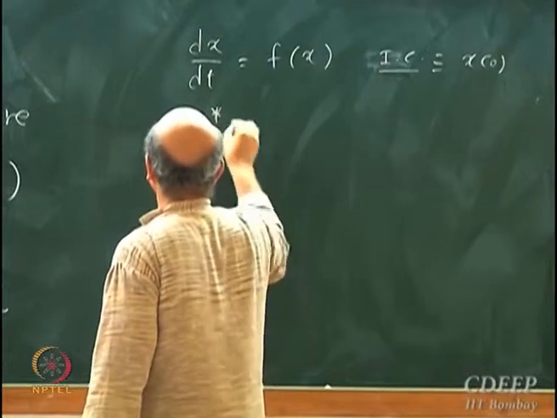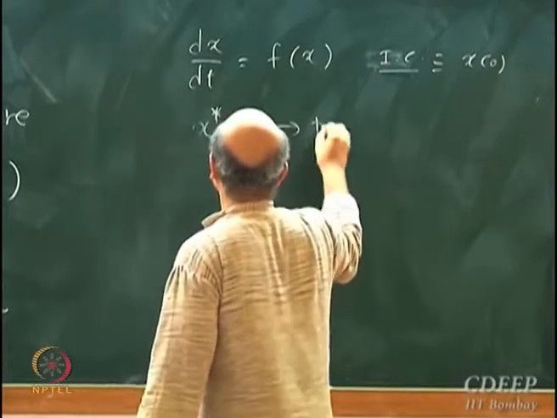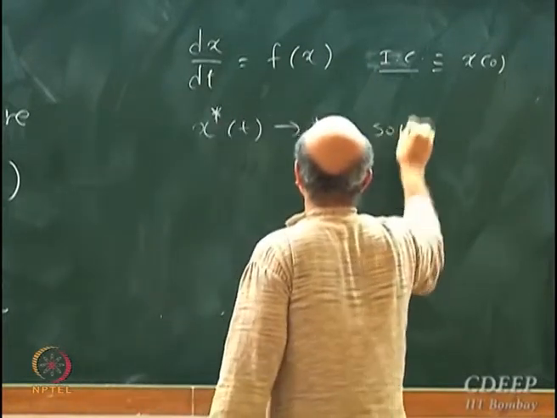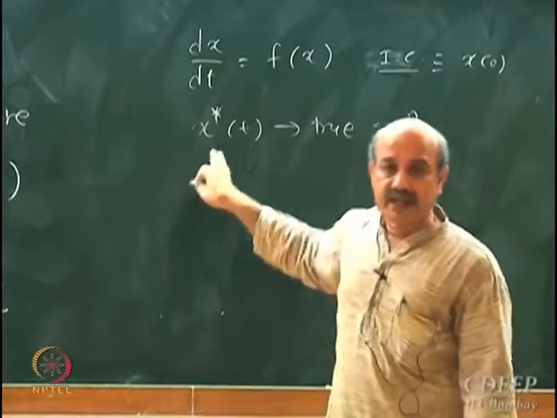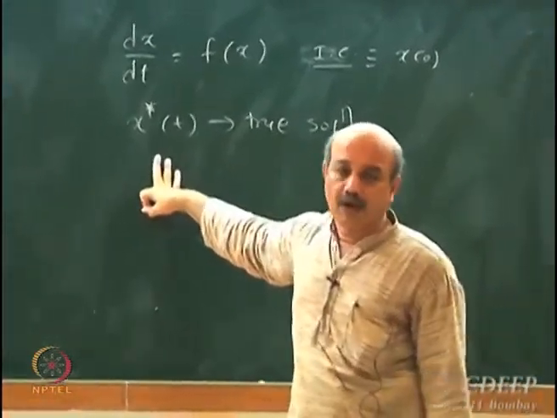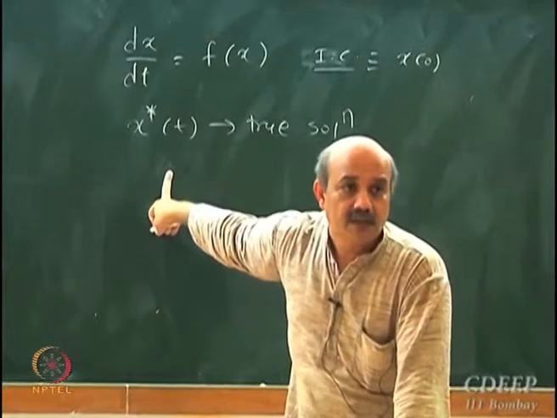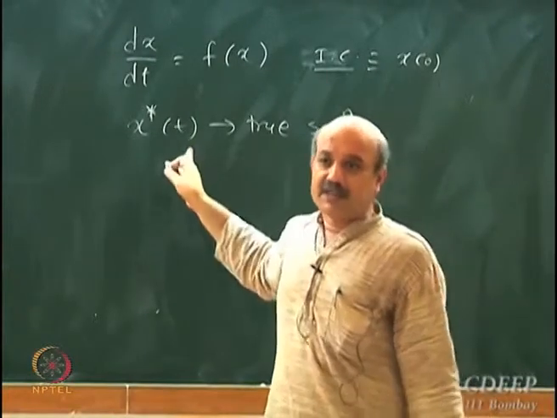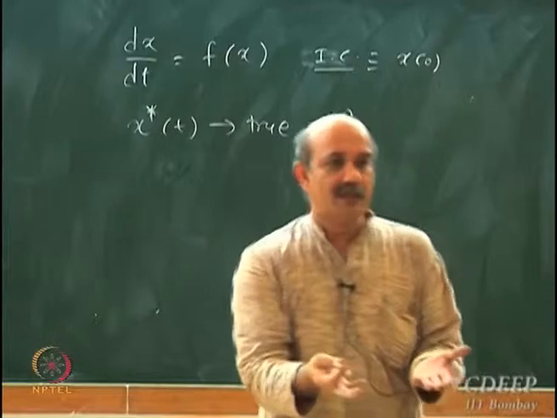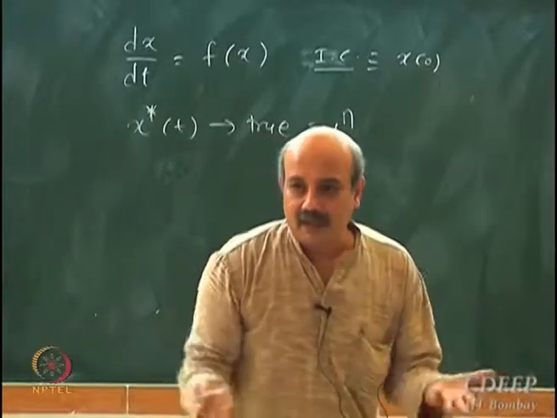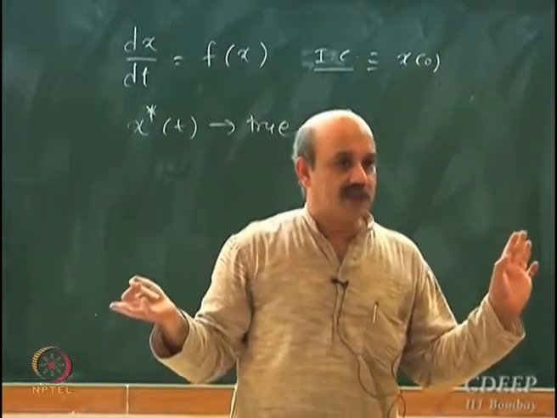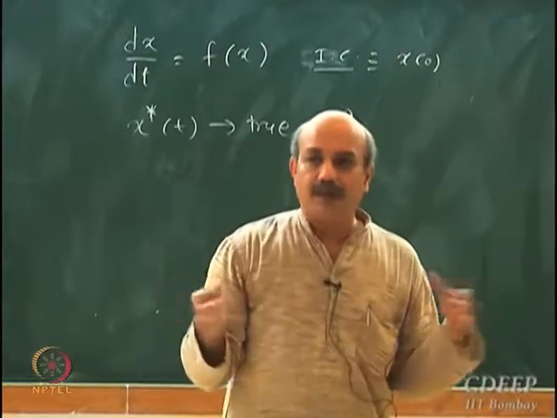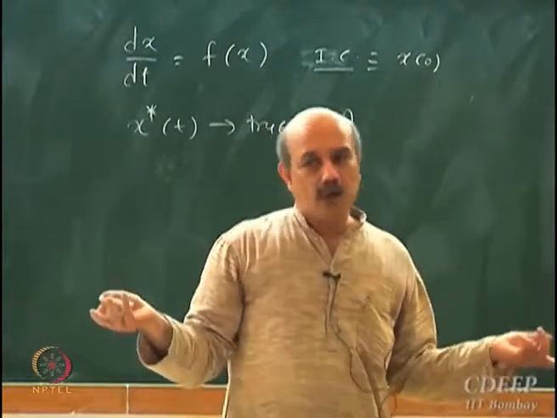Let's say x*(t) is the true solution. Is this a continuous function? It has to be a continuous function. It has to be, in fact, a differentiable function, not just continuous. Any continuous function can be approximated by a polynomial function.